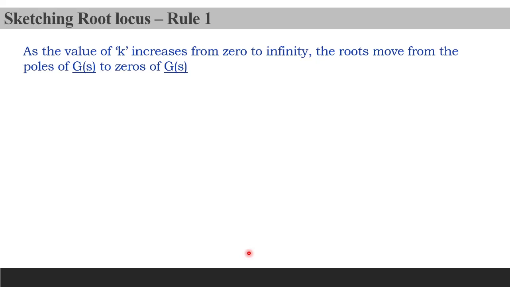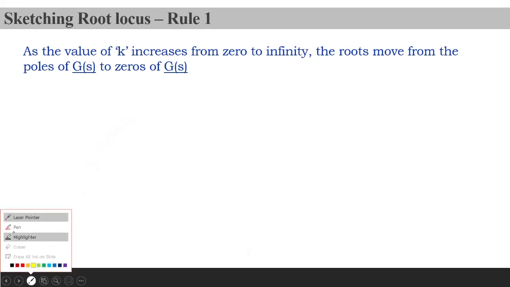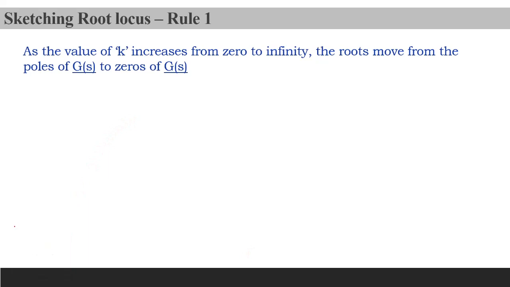What I'm trying to make is quite easy, and initially I don't want you to go too much into complexity. Let's say that's a zero and that's a pole, and whenever you have a pole, this system says the roots move from poles to the zeros.